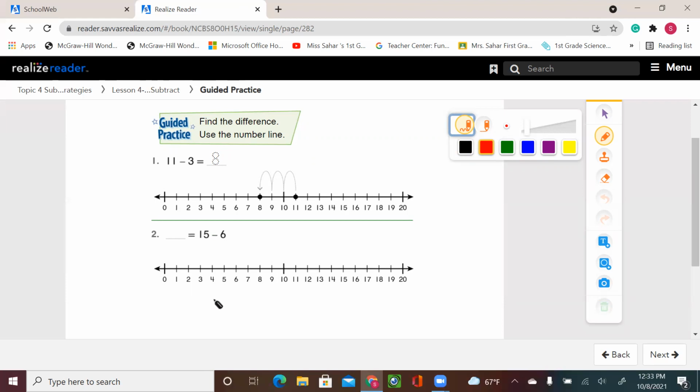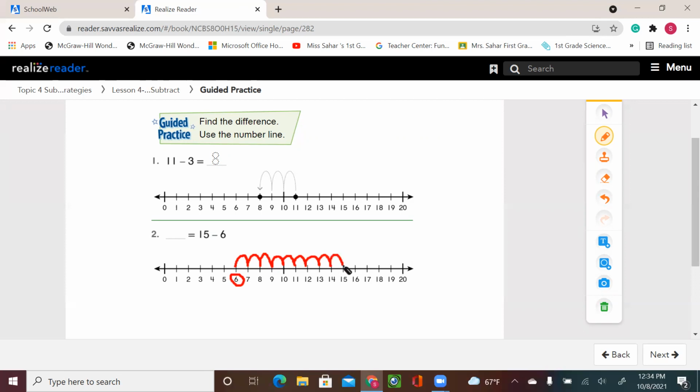Remember, when I count on, I start with the small addend, so that would be 6. I'm going to start from 6 and count on till 15. 7, 8, 9, 10, 11, 12, 13, 14, 15. And I'm going to land on 15.